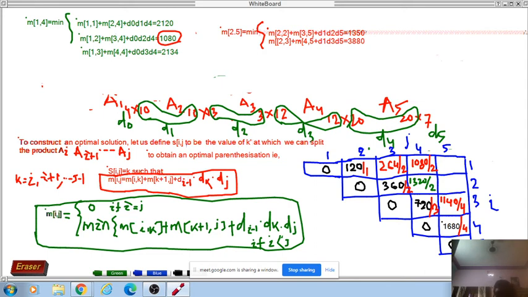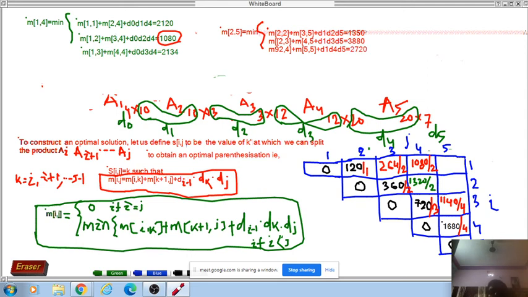Next, m of 2 4, very good, plus m of 5 5 plus d1 d4 d5. Okay. The value will be coming like 2720.